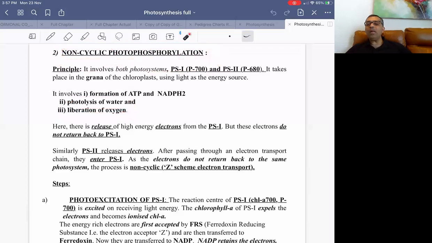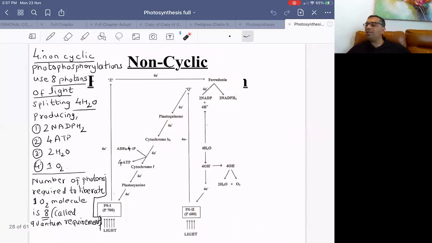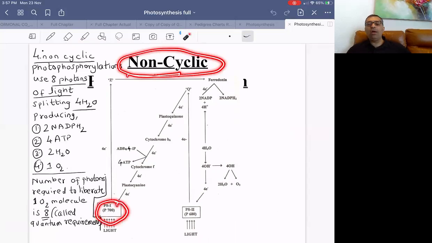ध्यान से, non-cyclic photophosphorylation में there is release of high energy electrons from PS1, but these electrons do not return back to PS1. PS1 में से इलेक्ट्रॉन लिबरेट होते हैं, तो ये है नॉन साइक्लिक प्रोसेस. which is accepted by Z and then by ferredoxin.